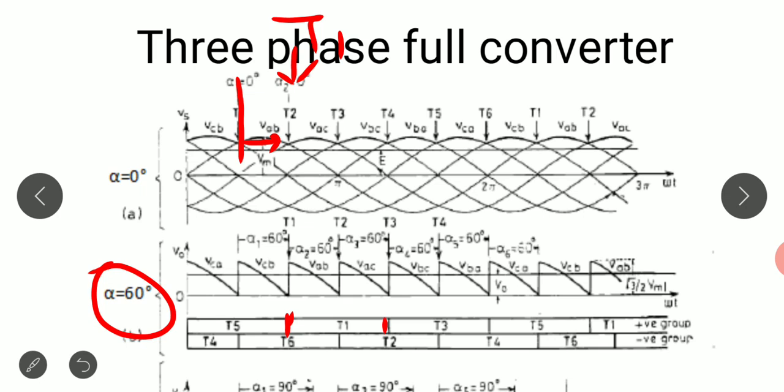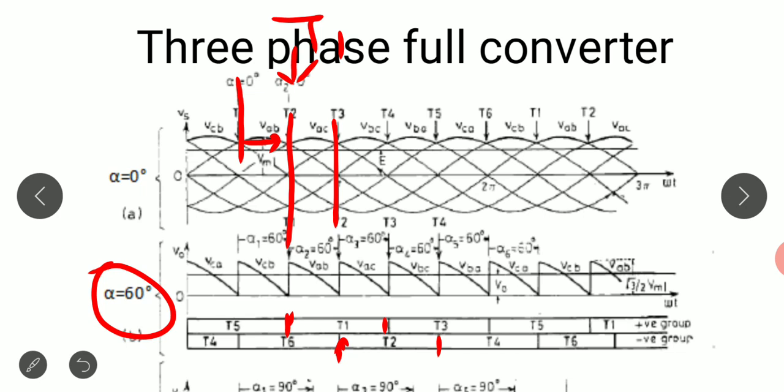So similarly, T2, which could have been conducted at this instant for alpha is equal to 0, will now conduct at this angle, that means at a delay of 60 degree. So here T2 is triggered and T2 will conduct for 120 degree.